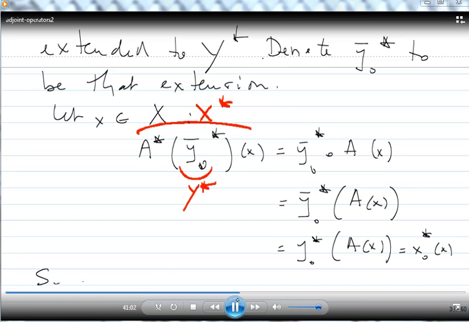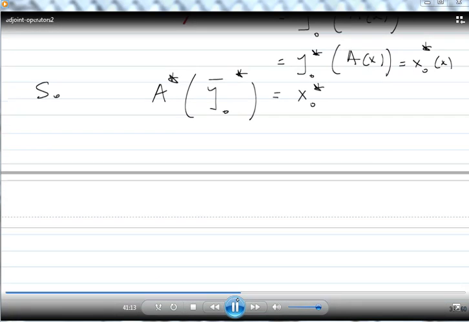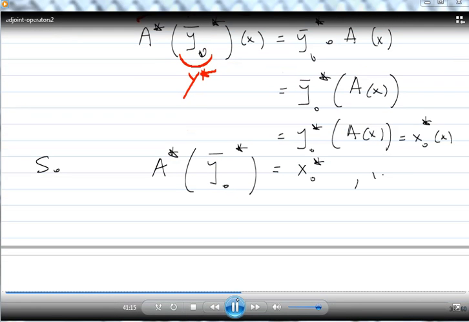So A star of y0 bar star equals x0 star. In other words, as we wanted, x0 star belongs to the range of A star, and this shows that R of A star is closed.